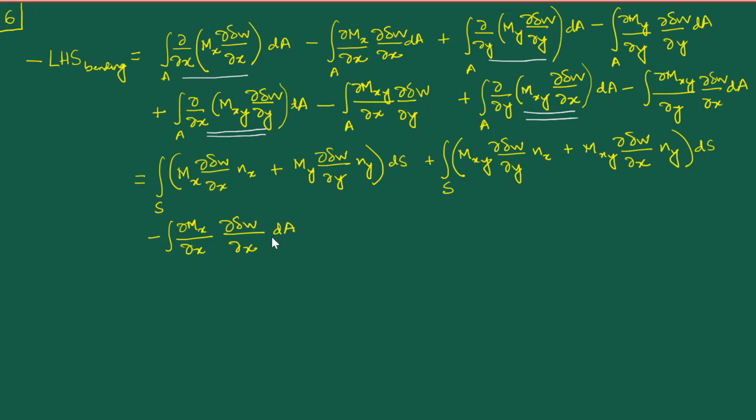Okay, so the idea here is to ultimately go to a term which will involve the δw only without any of these derivatives. So in this sense, what we are doing here corresponds to what we did back in beam theory when we went ahead with the integration by parts.